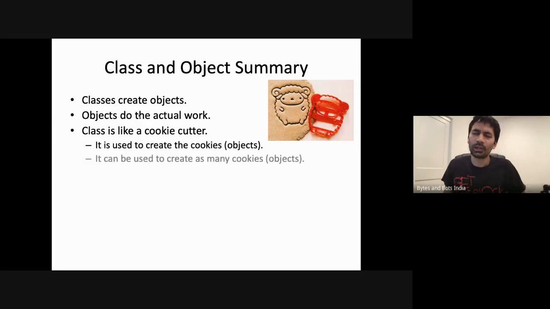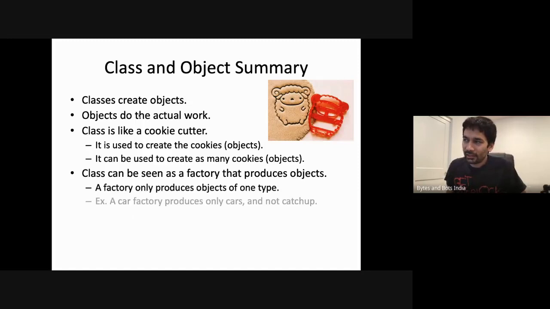A class is like a cookie cutter, and you use it to cut cookies out of the dough. Those cookies are the objects formed from the cookie cutter, and you can create as many cookies as you want, right? So you have one class, and you can create so many objects. You have one cat class, and you have like 100 varieties of cat.